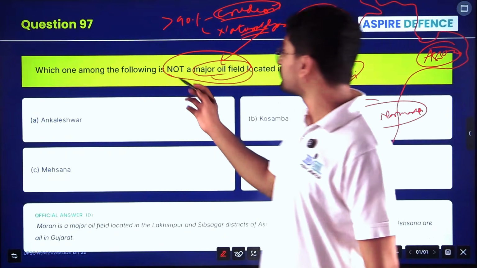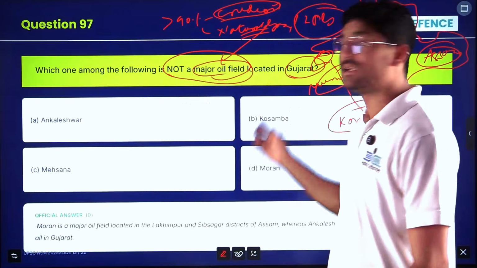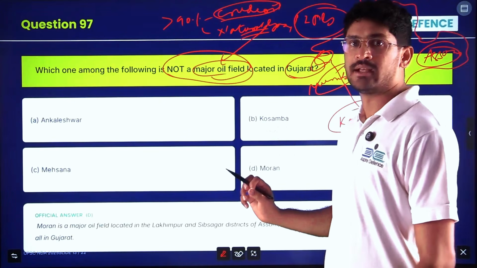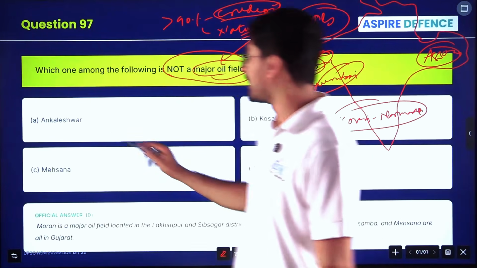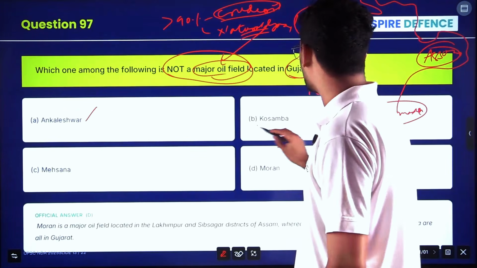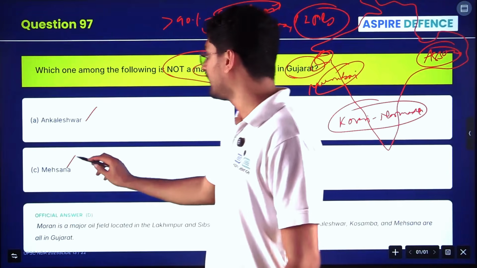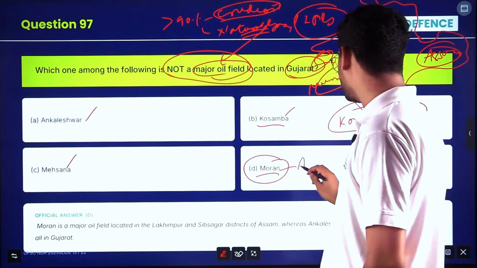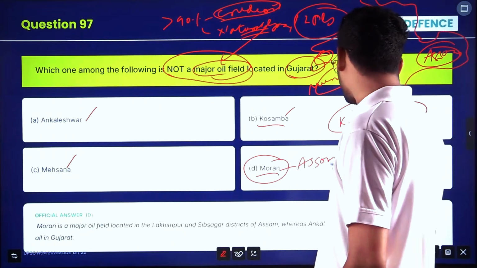So here he has asked, which of the following is not a major oil field located in Gujarat? If you know which are the oil fields in Gujarat, then you will be able to eliminate. Ankleshwar, Kosamba, Mehsana and Moran. See, Moran is an oil field in Assam. This is a very factual one.